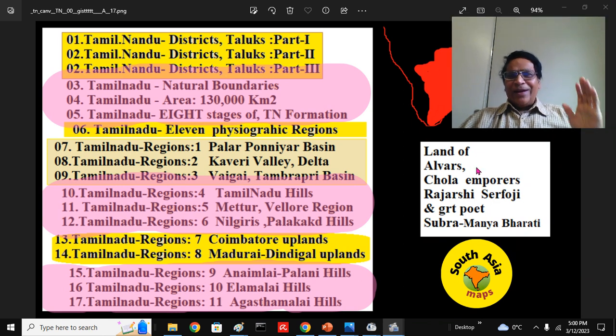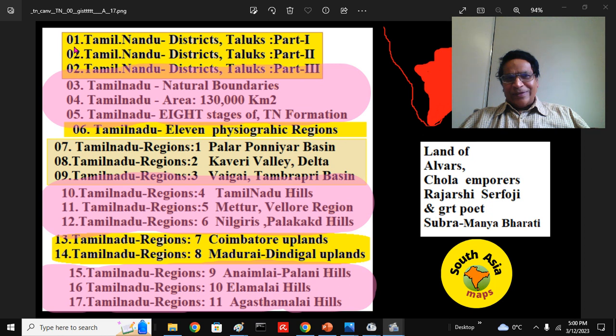This is our Tamil Nadu series: the land of Alvars, mighty Chola emperors, Rajah Serfoji Bhonsle of the Maratha Thanjavur kingdom, who passed away in 1834 or so, and the great poet Subramanya Bharati. In the initial stage I will be making around 18 presentations.